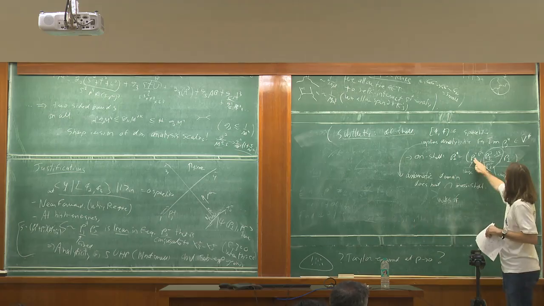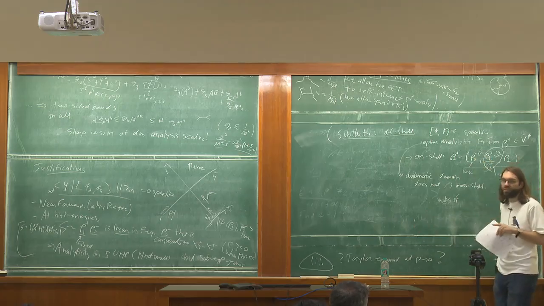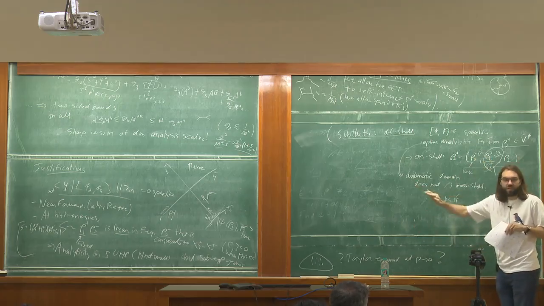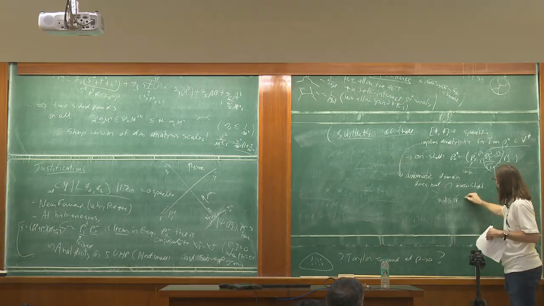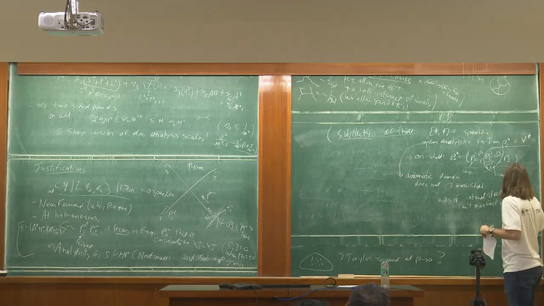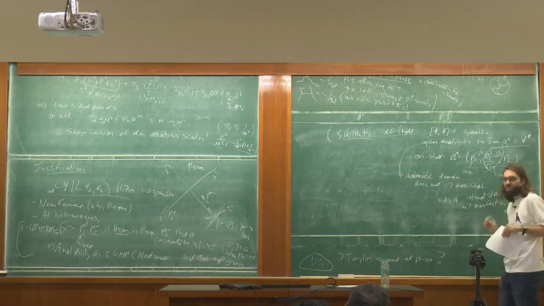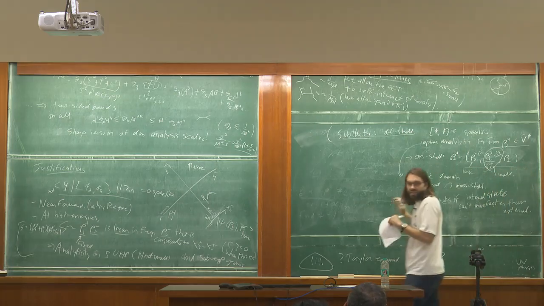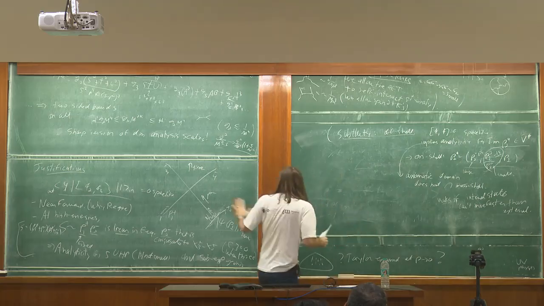So the slope of P plus versus P minus tells you about the velocity that the particle is moving with, and it works if the internal states can't move faster than external states. So that's the criterion that tells you this analyticity works.